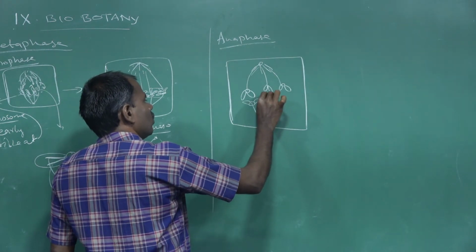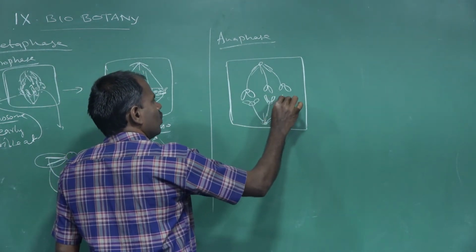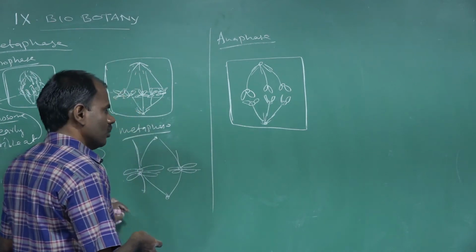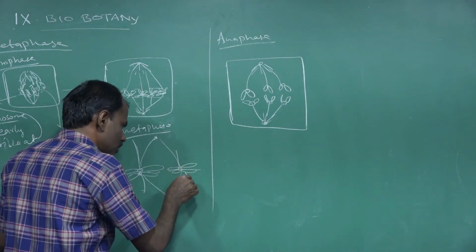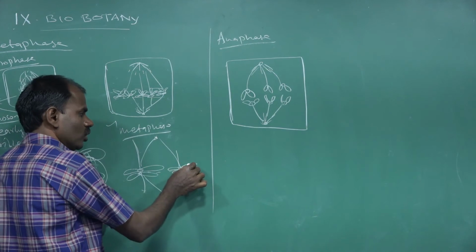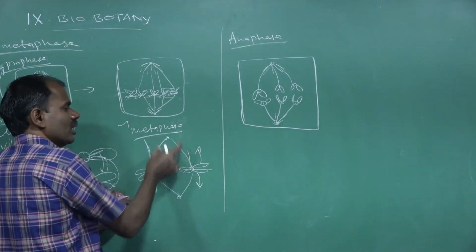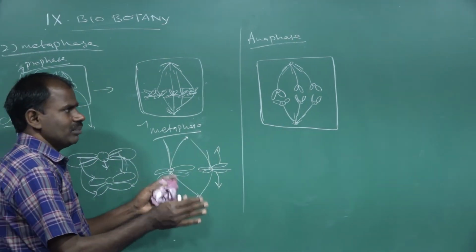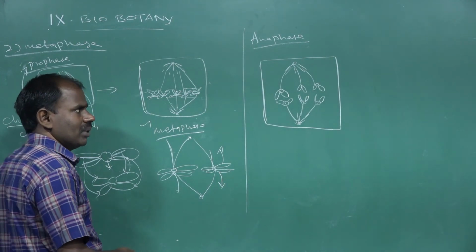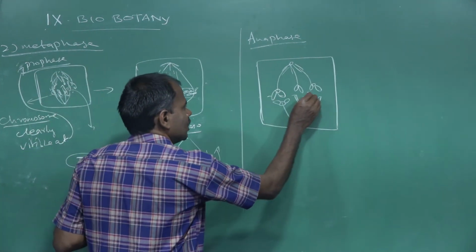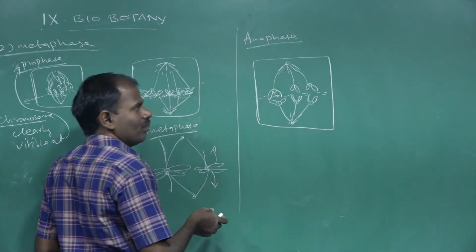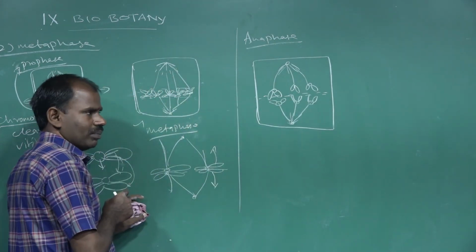The centromeres move towards the opposite poles and the spindle fibers may separate. The chromosomes are present at the central equatorial plate in the metaphase stage.